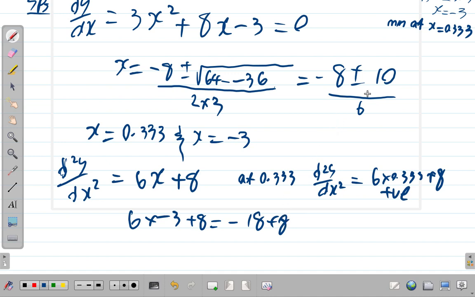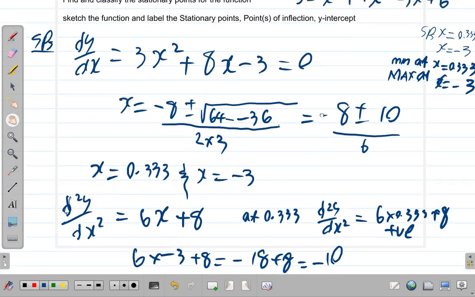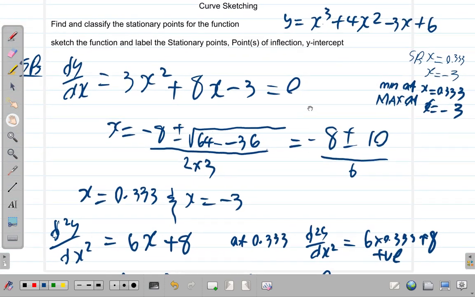It's -10, so there will be a maximum point at x equal -3. Max at x equals -3.